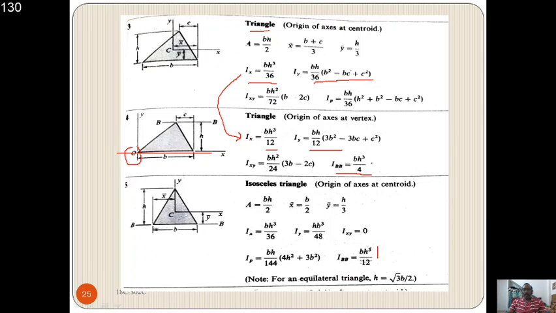We derived the IBB value of the isosceles triangle in the earlier sessions, that is BH cubed by 12, and Ixx and Iyy values are also derived for our convenience. It is also tabulated here.